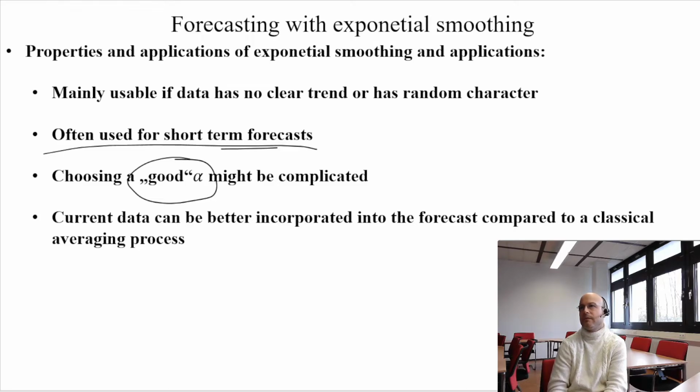But if we compare this with some classical just averaging our data, with this exponential smoothing we have, so to speak, a parameter, and with this parameter we can play and look: is it better to incorporate with a higher weight the data of the last explicit data points, or should I do a more general smoothing? This is then always a task for the good forecasters.